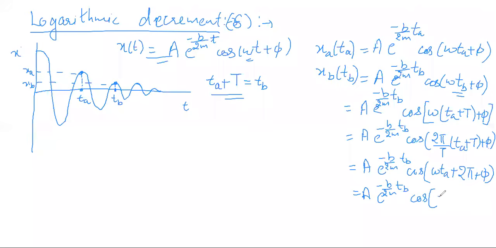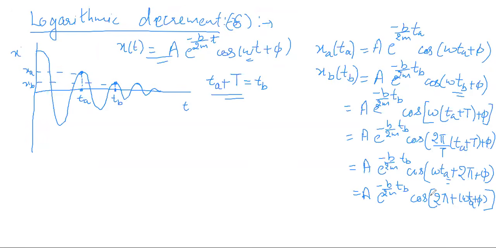Cosine of 2 pi plus omega TA plus phi in this form also. If you have cos 2 pi plus x, it's omega TA here, right? We had a TA here.